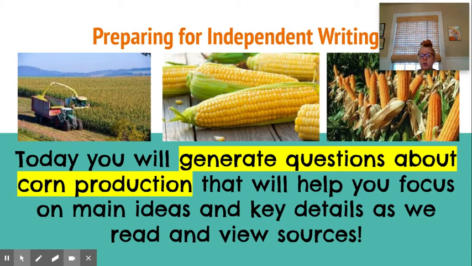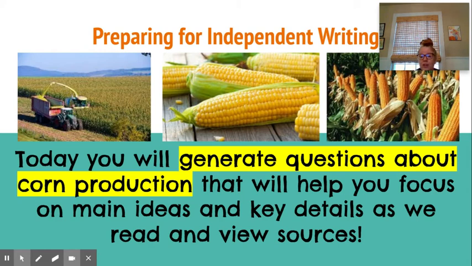That's going to help you focus on main ideas and key details as we read and view sources. So what are some questions that you might have? How corn is grown, how it is harvested, how does it get to our grocery store, right?